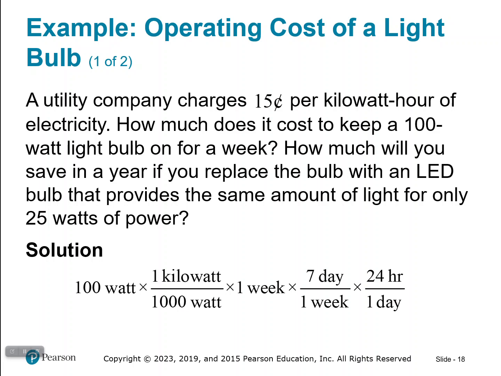Okay, so we have a 100 watt light bulb, but we're charged in terms of kilowatt hours. So we need to change our watts into kilowatts, and 1 kilowatt is equal to 1,000 watts. So we'll multiply appropriately by the fraction.